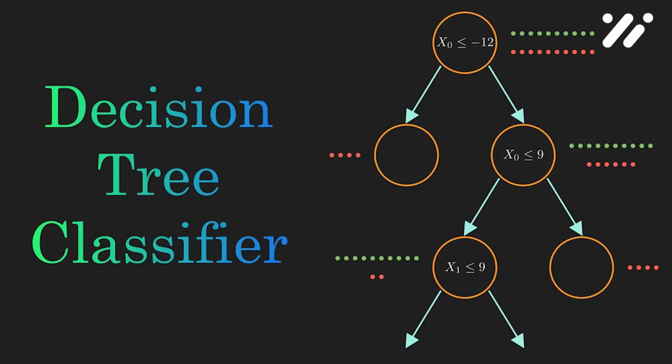Now, they partition the feature space into regions based on feature values and make predictions based on majority voting or averaging. So you should know that decision trees are interpretable and can handle both numerical and categorical data.